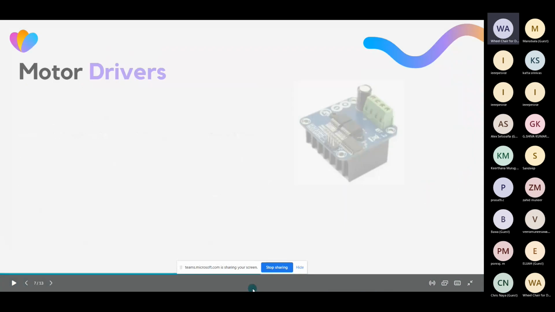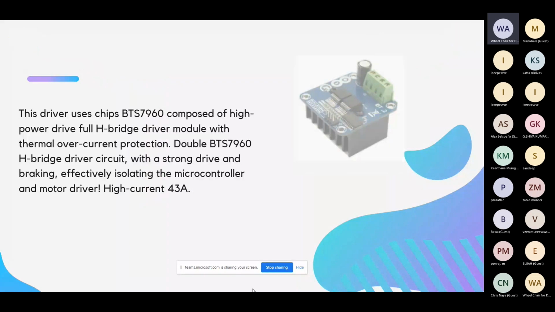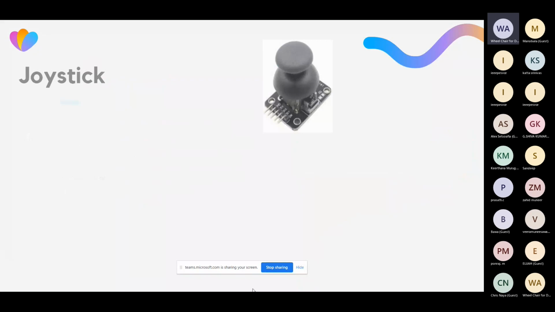And the next component is motor drivers. These motor drivers are used to control the speed of the motors that we have provided, and it has overcurrent protection. The model that we have used is BTS 7960. And the next component that we have used is the joystick.